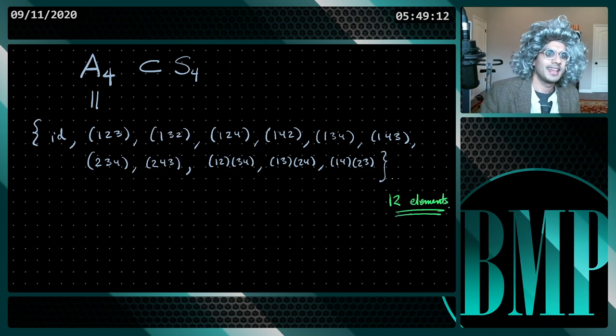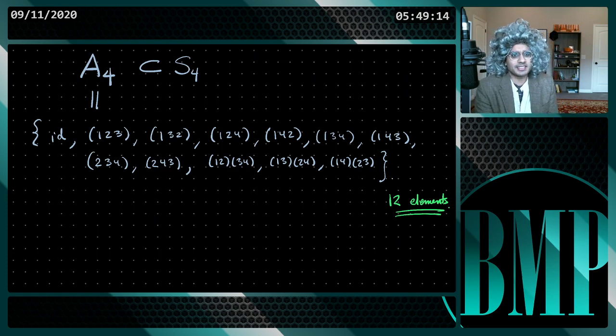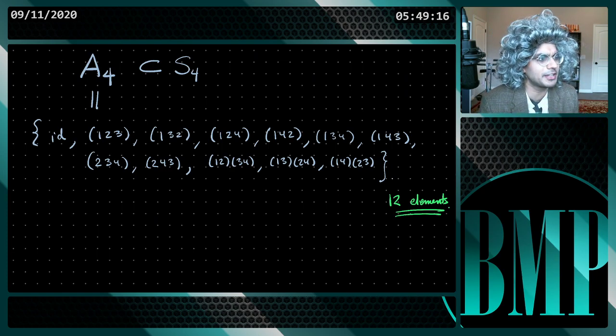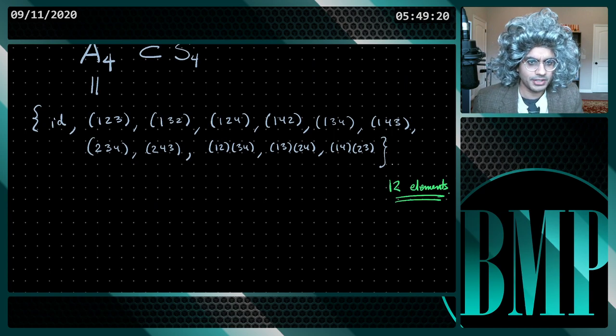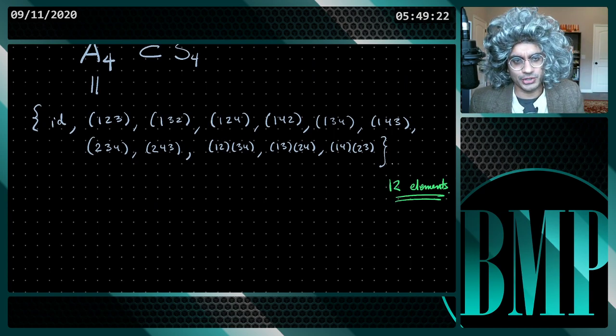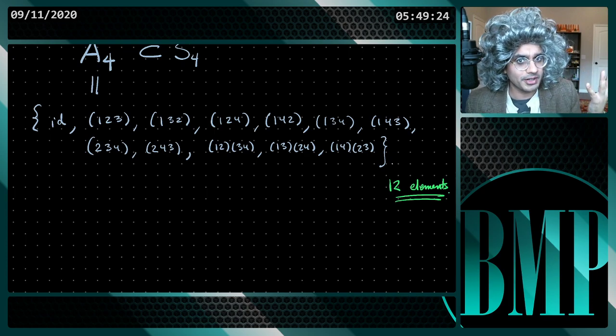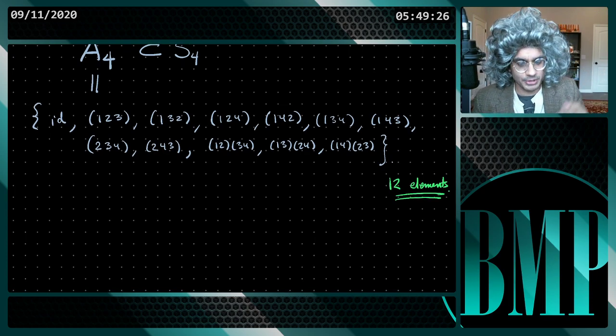And you might ask, how am I supposed to think about these groups? Well, the silly answer is, do you know how to multiply 2 permutations? Let me do an example of that.